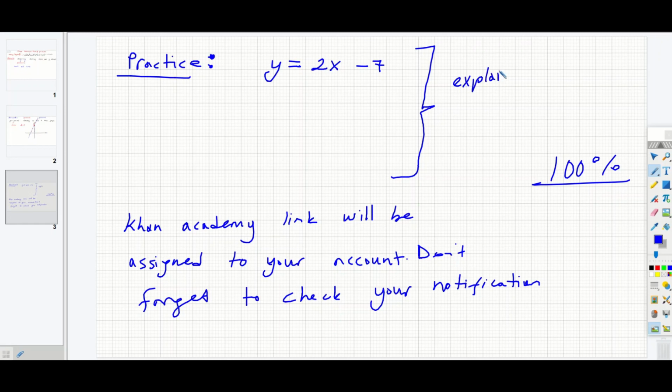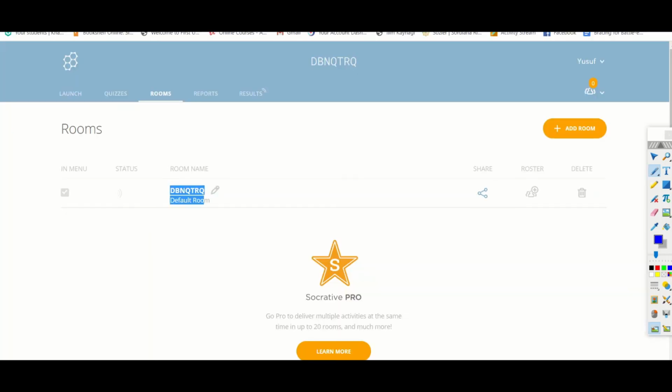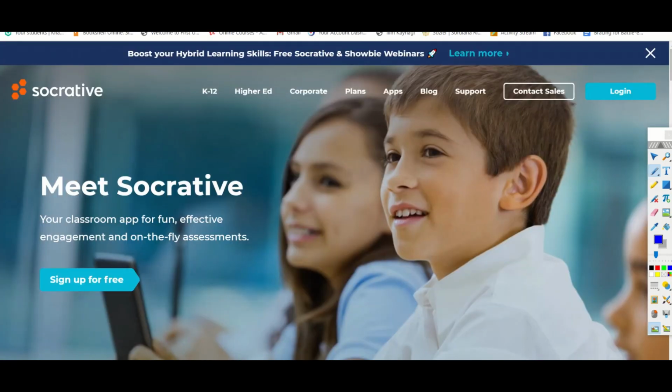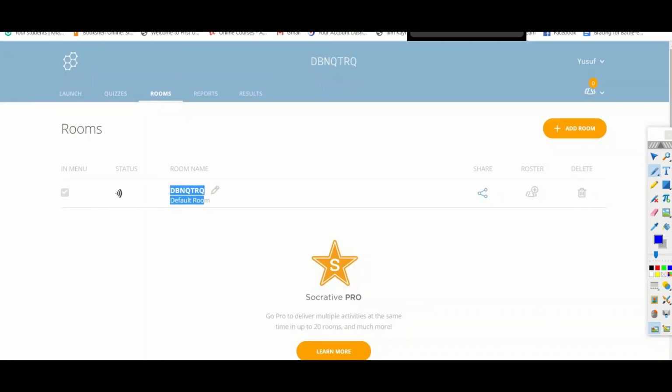Just enter my room name on socrative.com and you will see the question in my room. This is the website, and DBNQTRQ is my room name.